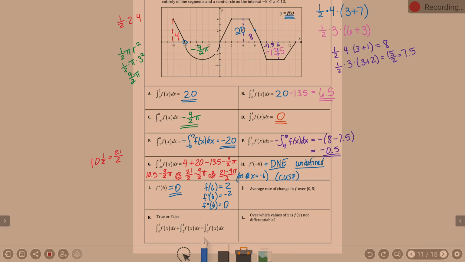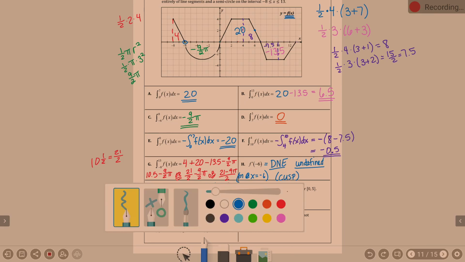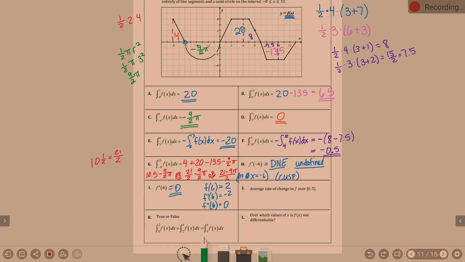Okay, let's look at J. Average rate of change in f over the interval 0 to 5. Average rate of change is AROC.